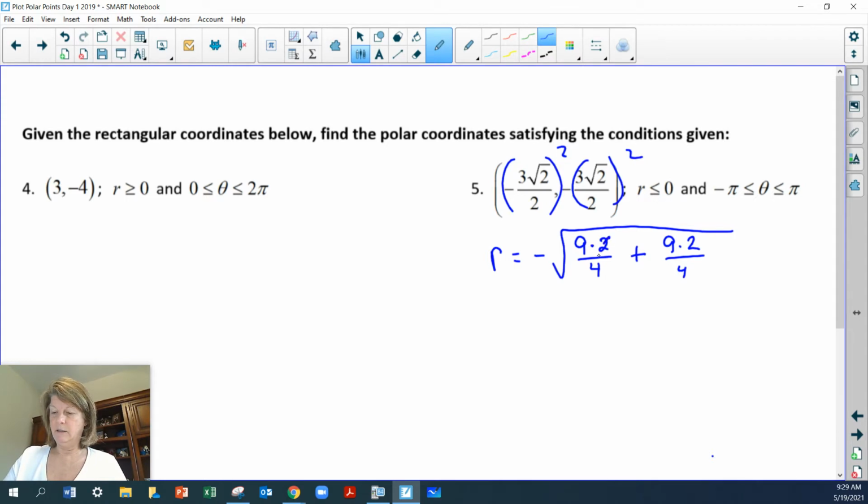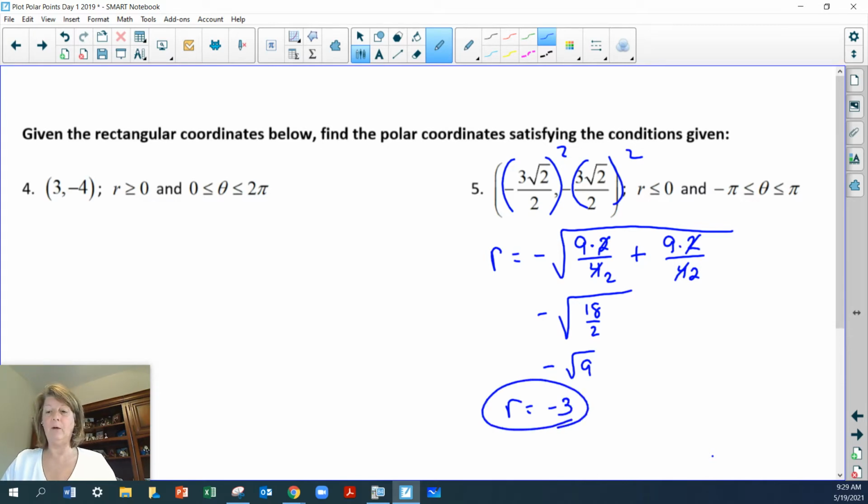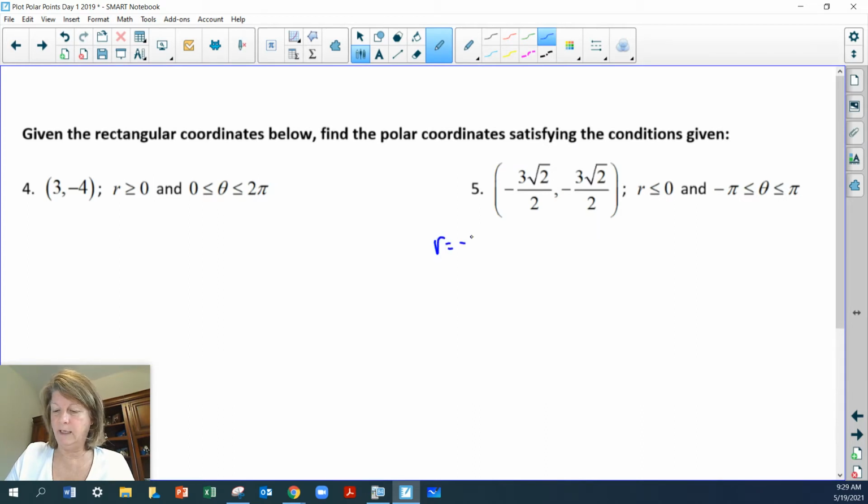And 2 and a 2. So I get 9 halves and 9 halves, which would be square root of 18 halves. Oh, how beautiful is that? Square root of 9. Looks like our R is coming in at negative 3. Okay, I'm going to hold on to that thought. R equals negative 3.